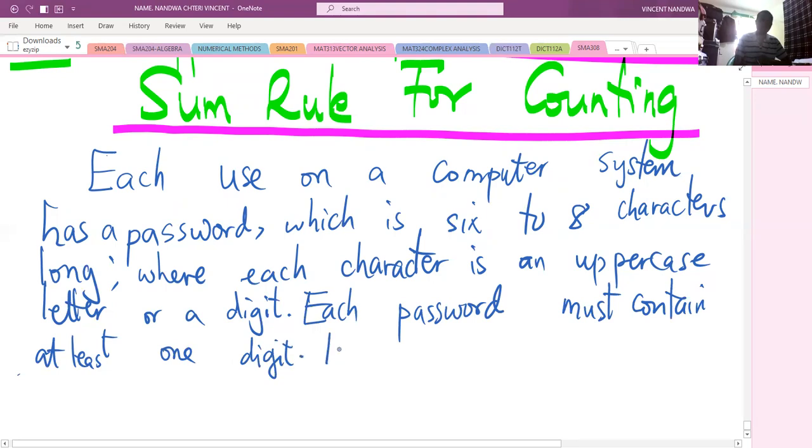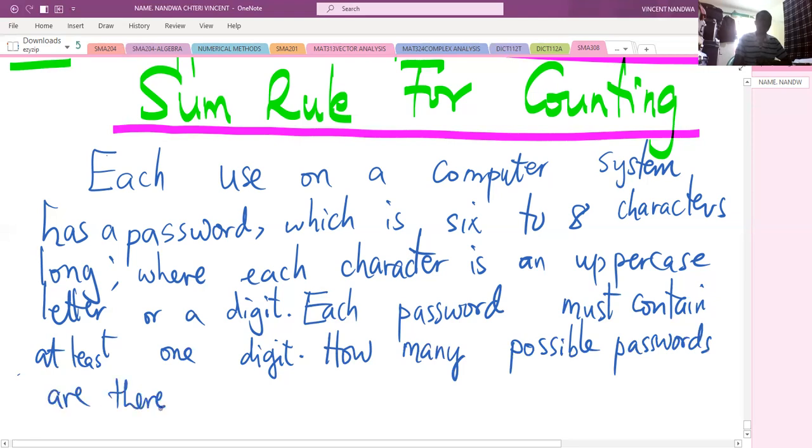So the question is, how many possible passwords are there?